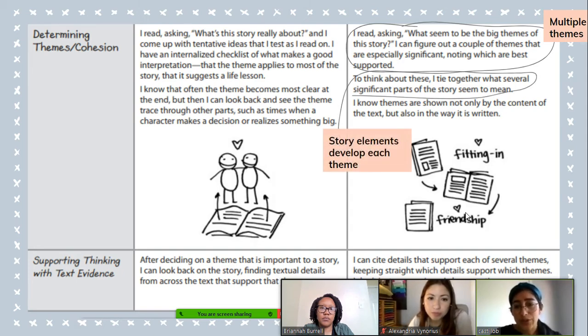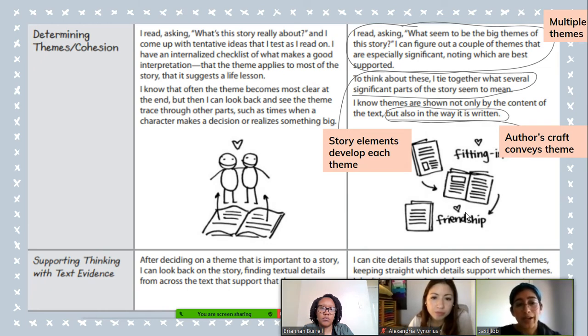They will also tell you how the author uses story elements to support the theme, and author's craft. They will be able to write about what craft move the author uses to convey the meaning of the theme.